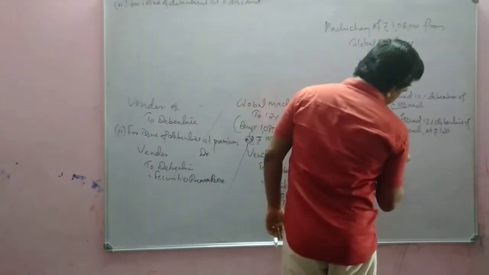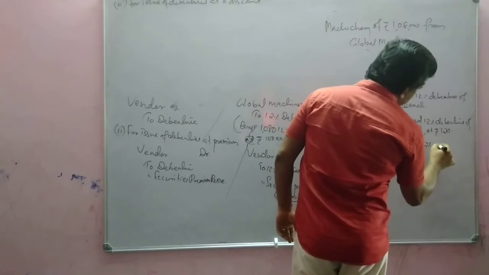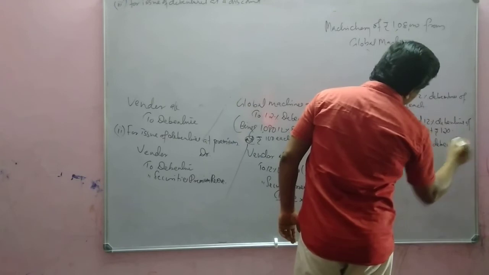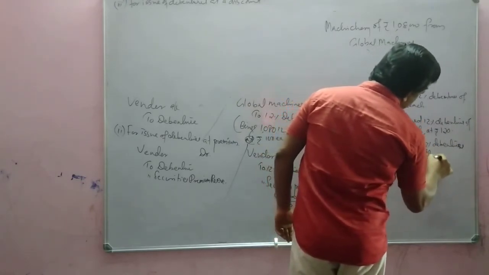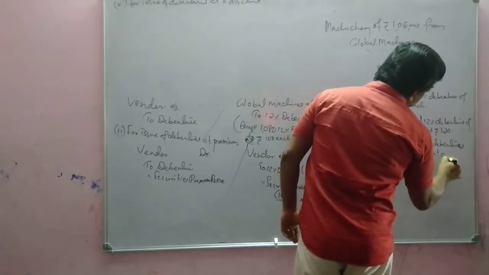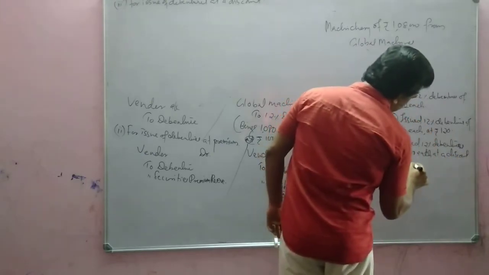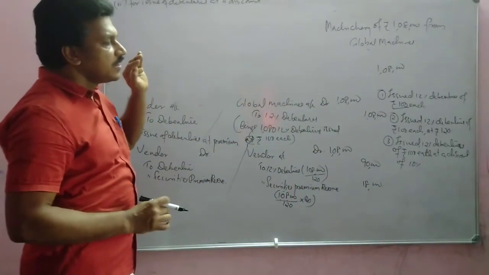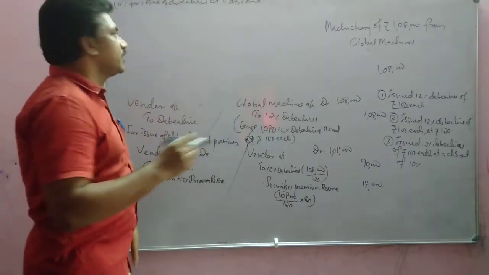So the third option we are writing here: issued 12% debentures of rupees 100 each at a discount of 10%. Here debentures are issued, its face value is 100 but issued at a discount of 10%. Then what will be the journal entry?